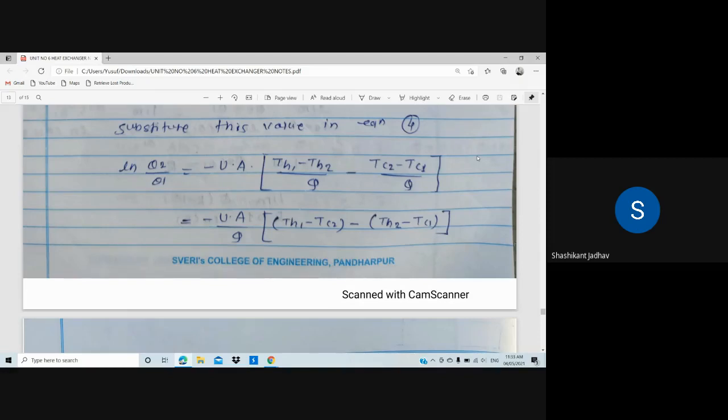We are rewriting the equation in the form of TH1 minus TC2, because TH1 minus TC2 is nothing but theta 1, and TH2 minus TC1 is nothing but theta 2. So in the bracket TH1 minus TC2, minus another bracket TH2 minus TC1.